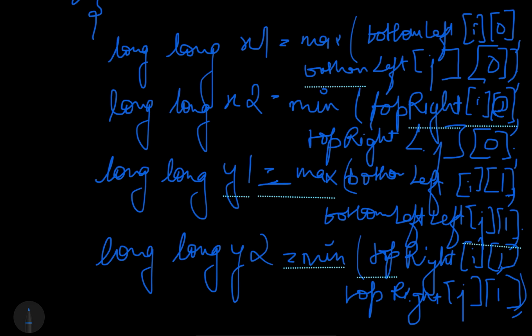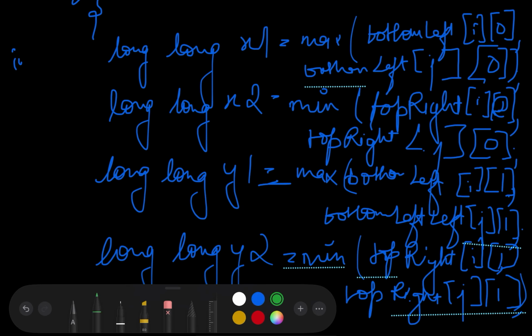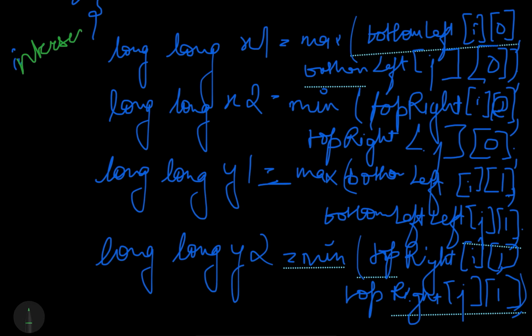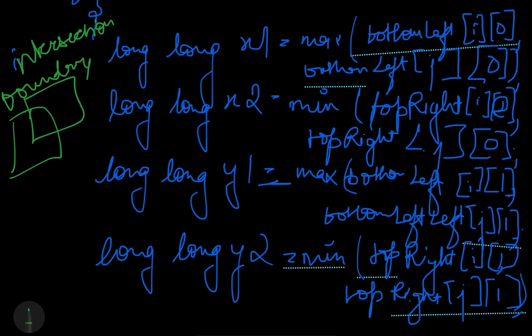What these x1, x2 and y1, y2 will give is the intersection boundary, which will be a rectangle, okay, of these two squares, given by x1, y1, x2, y2.